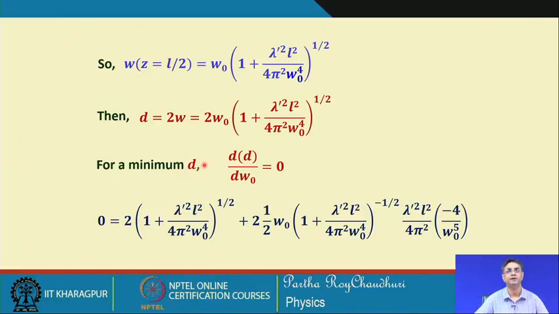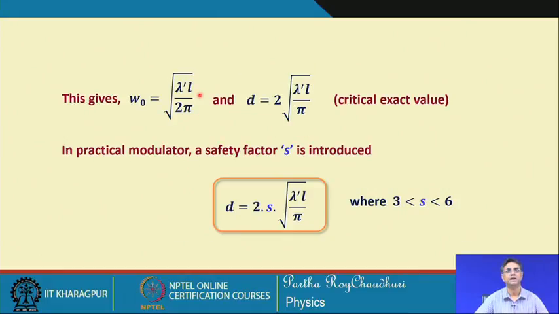To get the minimum value of d, the value of W 0 that I find from this algebra is W 0 equal to the square root of lambda prime L by twice pi.